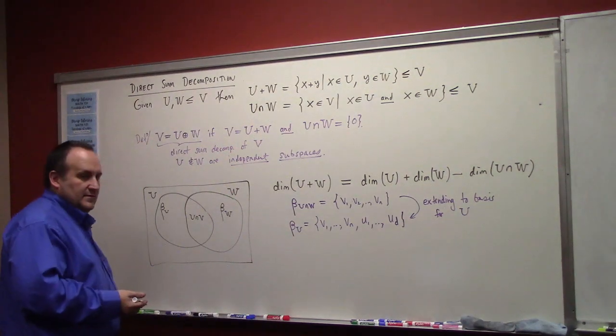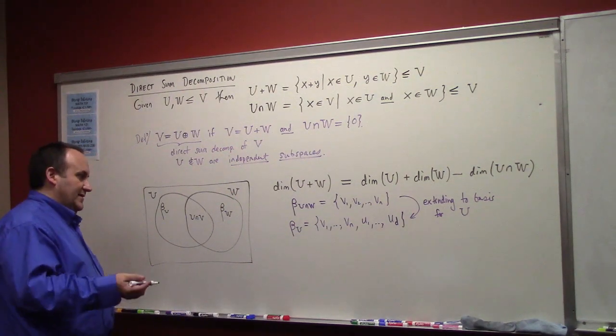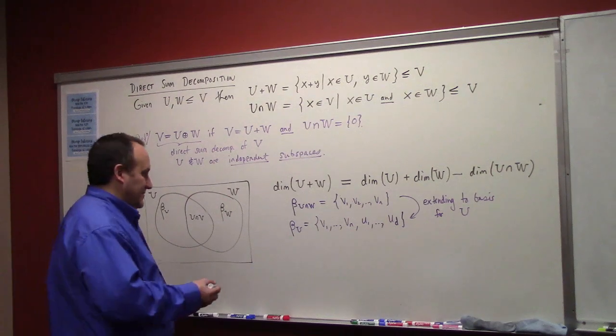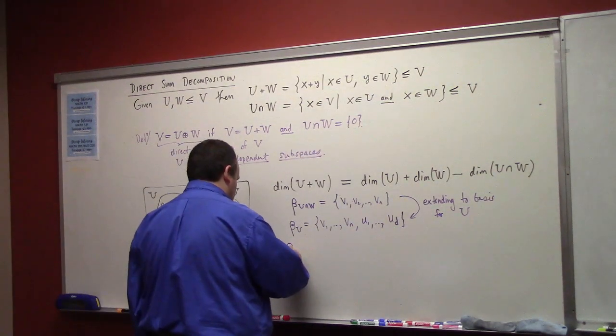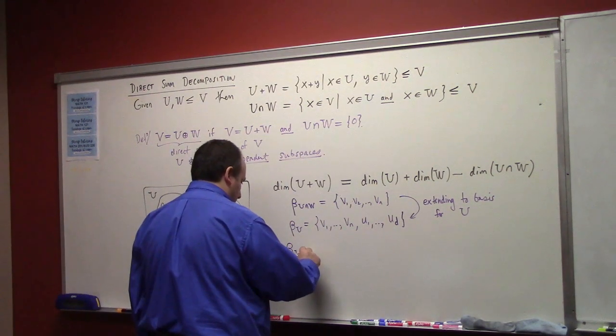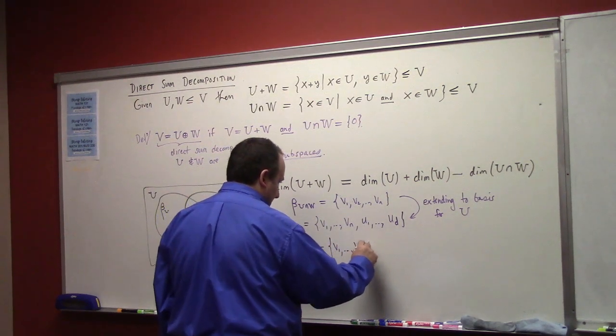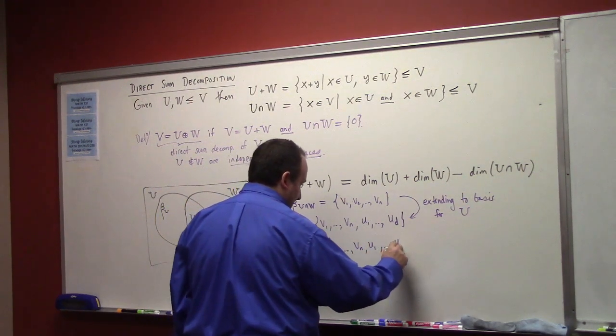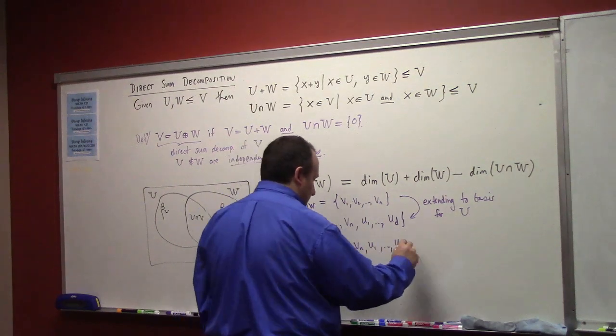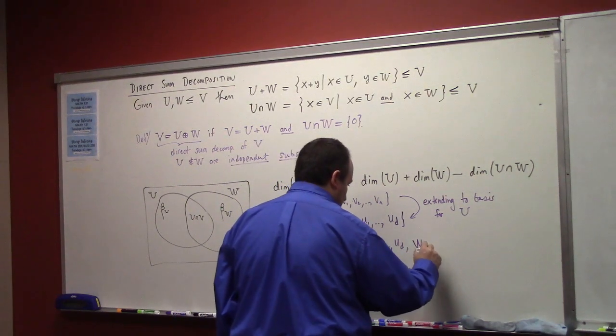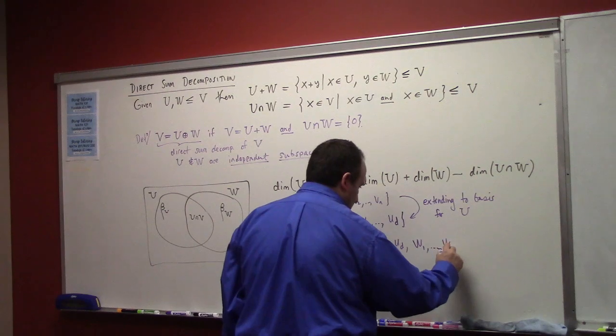And then I extend that to a basis for U plus W. And I guess I use W's for this: W1, through WE.